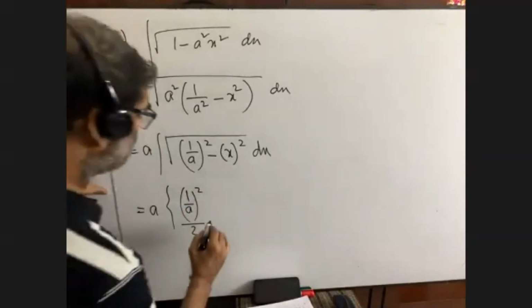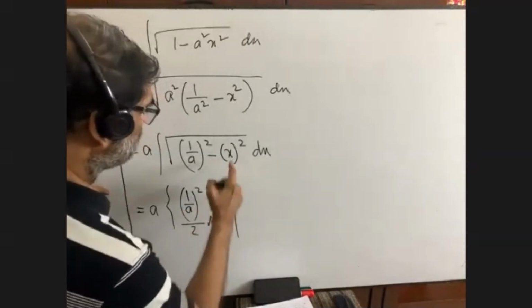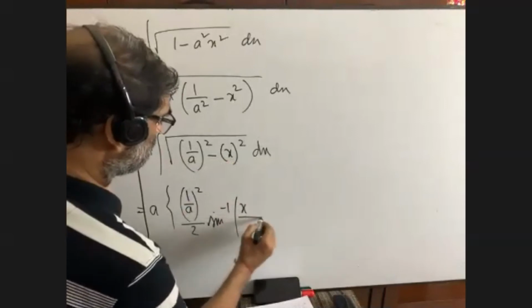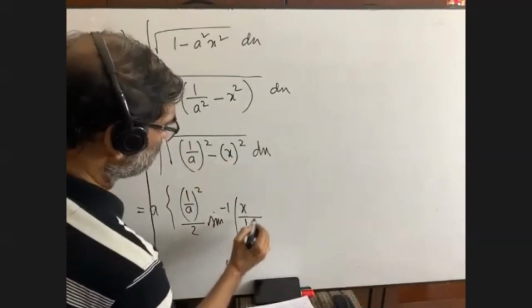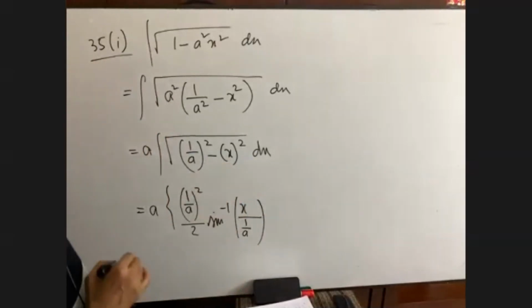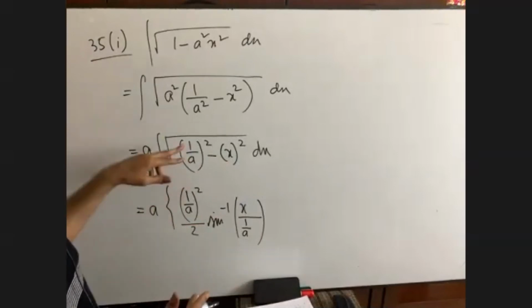Sine inverse x by a. Sine inverse. This is x by a. This is a. A means what? 1 by a. Please remember the formula. A square by 2. Here a is 1 by a.